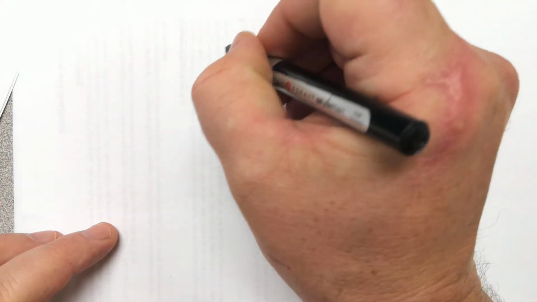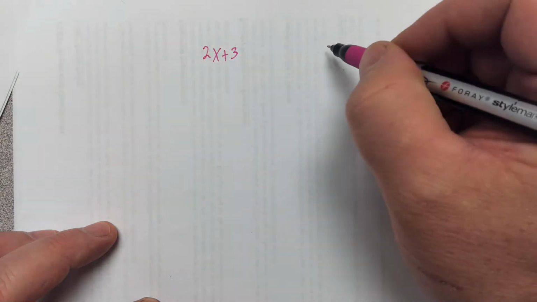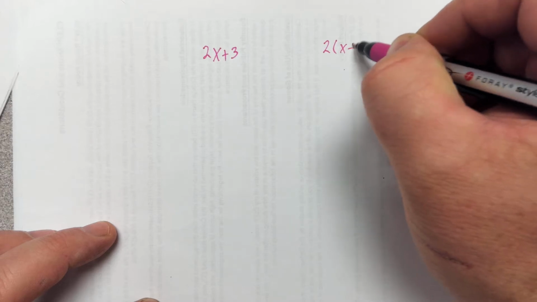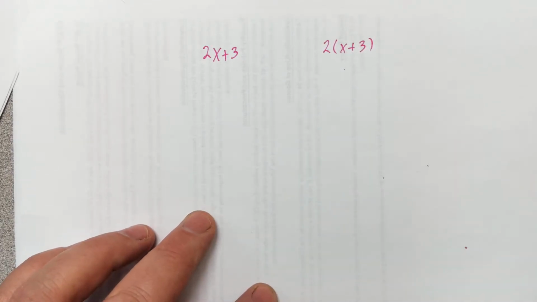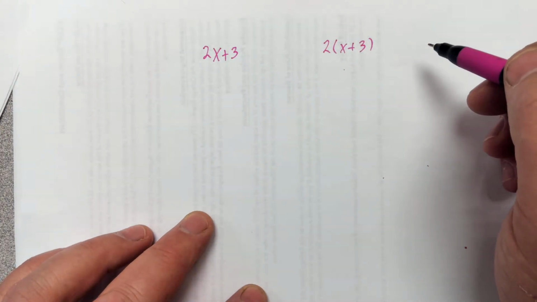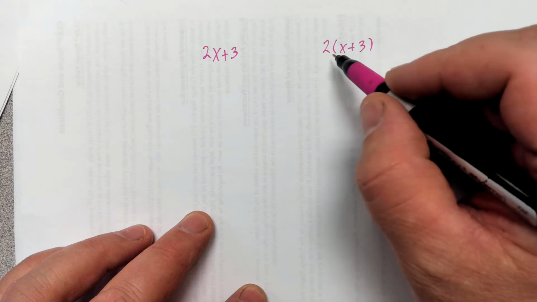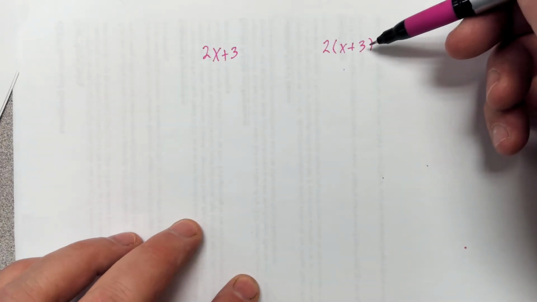Okay, check this out. The reason this part is going to be tricky is these are totally different things. This is 2 times a number and then plus the 3. This one right here is 2 times a number.